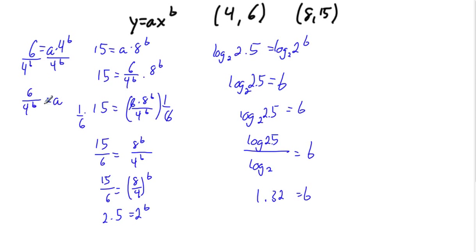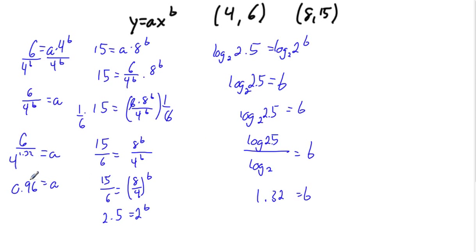So over here I have solved for a. So let's say that 6 over 4 to the 1.32 power equals a. Well, 4 to the 1.32 power is about 6.233, and so 6 divided by that is going to give me about 0.96.